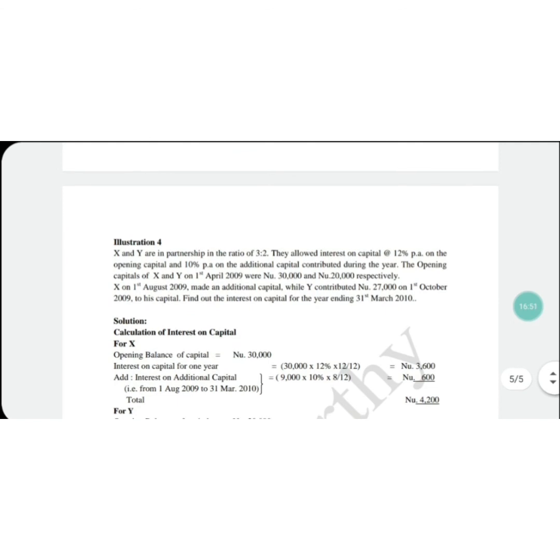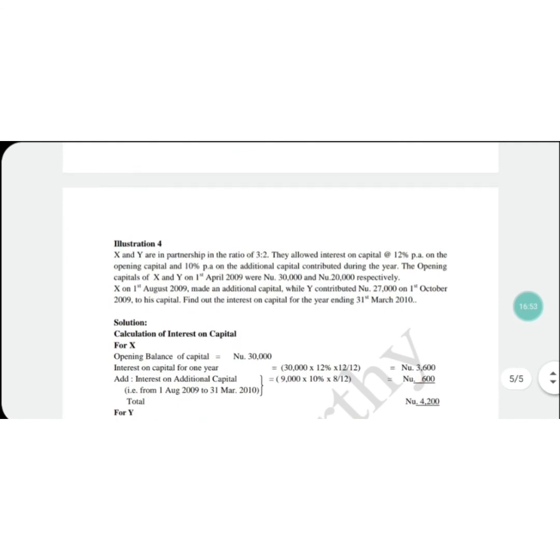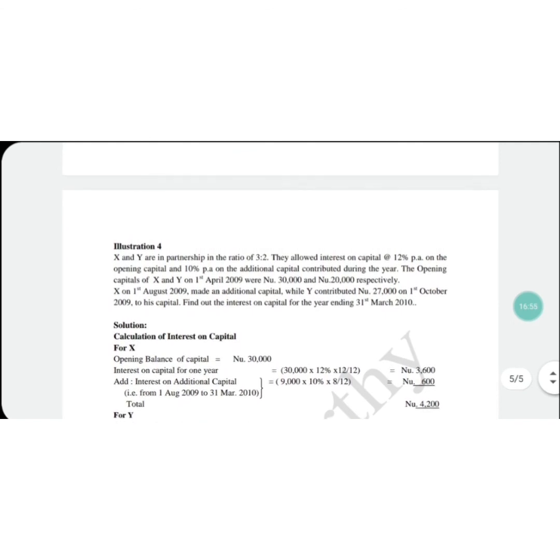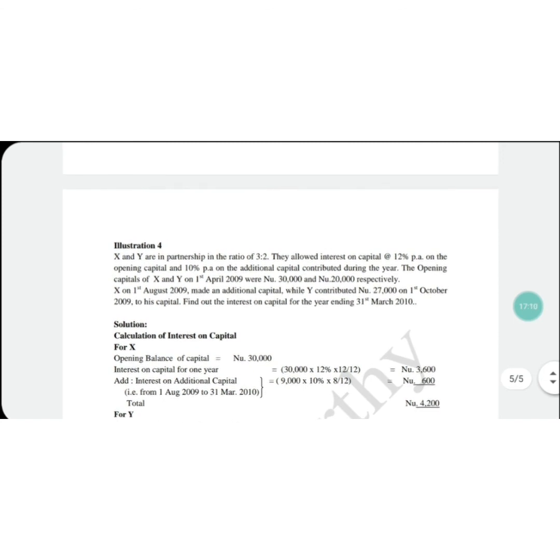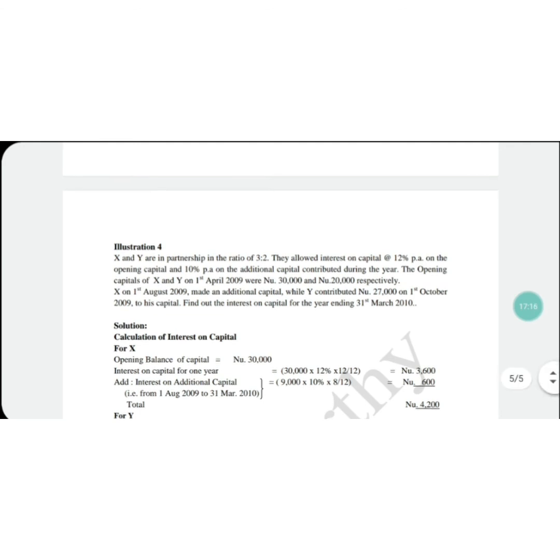Here, I have left out the amount of additional capital made by X, that is 9,000, which has to be taken into account. So how to calculate the interest on capital for X? Opening capital is 30,000. Interest on capital for 1 year: 30,000 times 12% times 12 divided by 12 comes to 3,600.